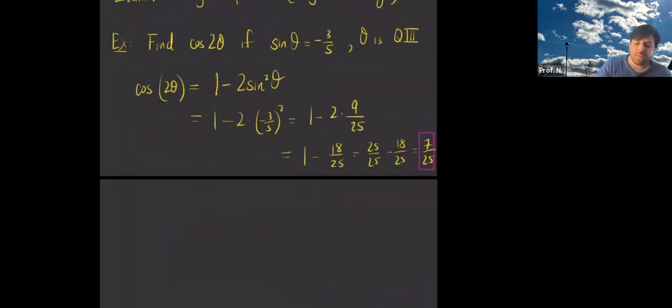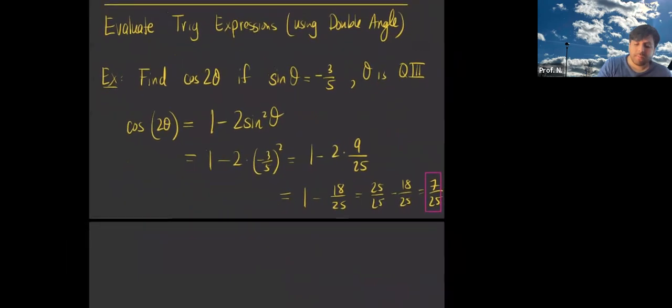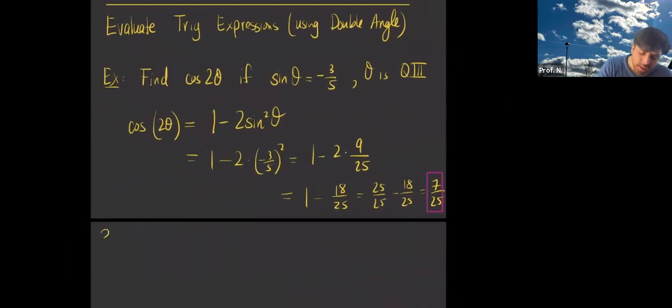Okay, now we're getting to the more difficult part, I would say, of double angle: proving trig identities. So now the trig identities are going to be more complex because of the double angle aspect. So proving trig identities using double angle formulas.